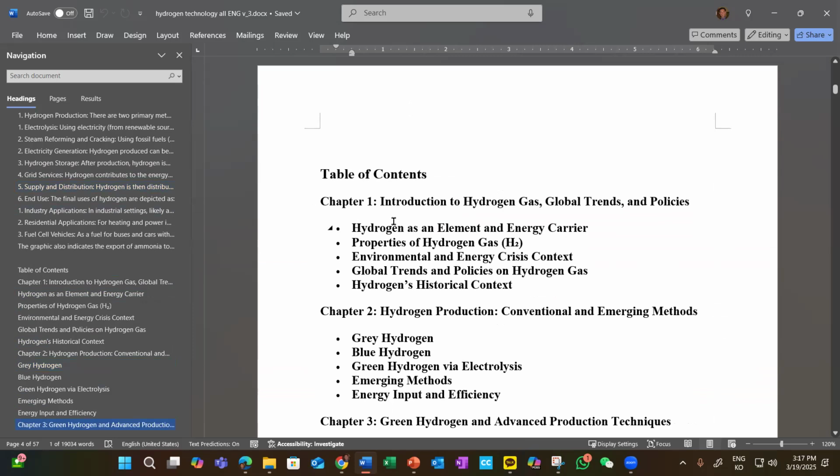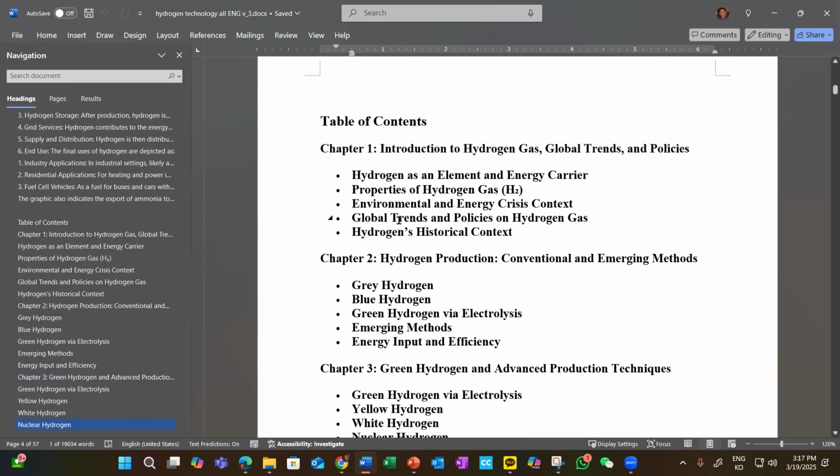Anyhow, as we briefly reviewed in this book of hydrogen technology, chapter 1, we briefly reviewed the hydrogen gas and global trends and policies related to hydrogen gas.